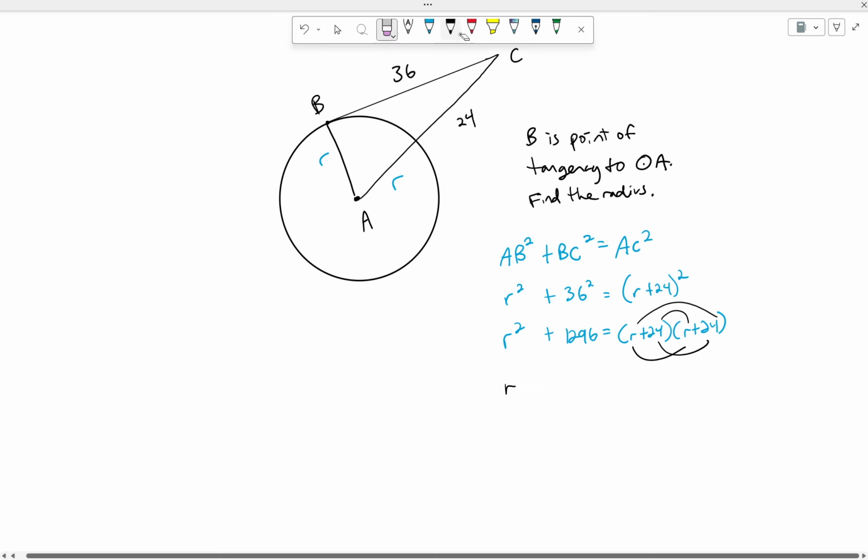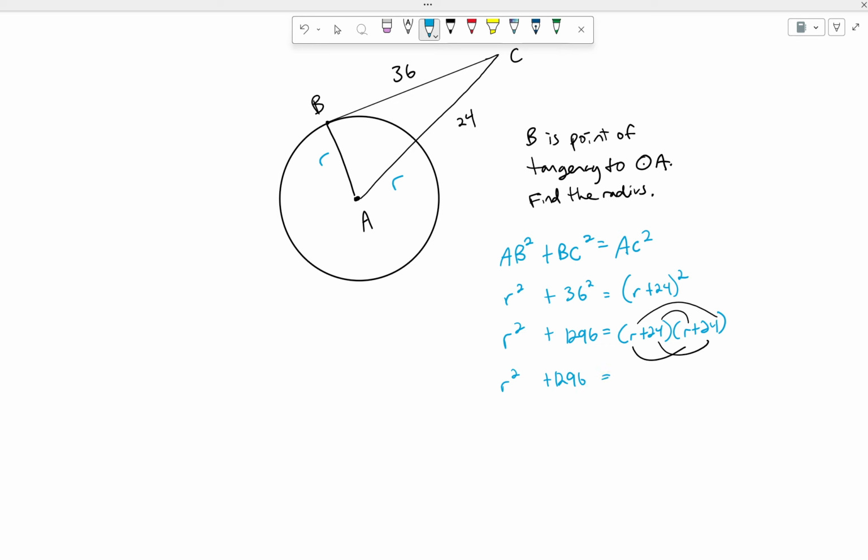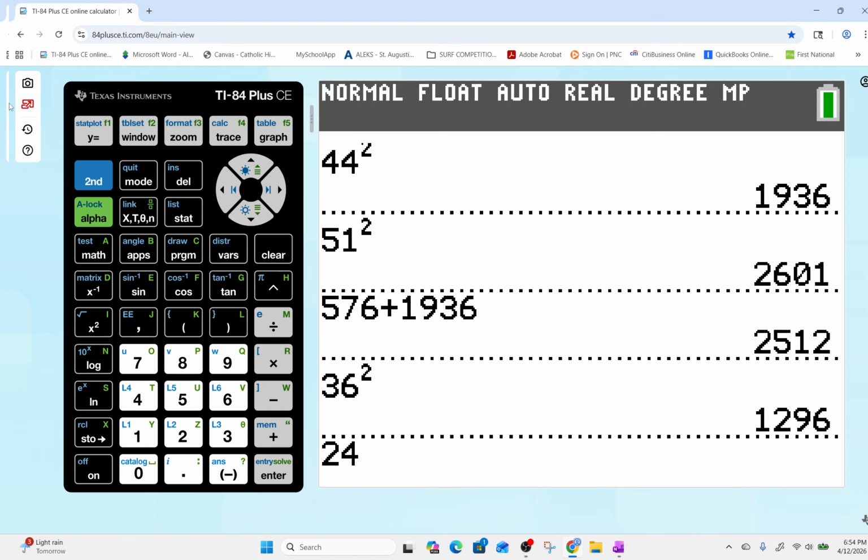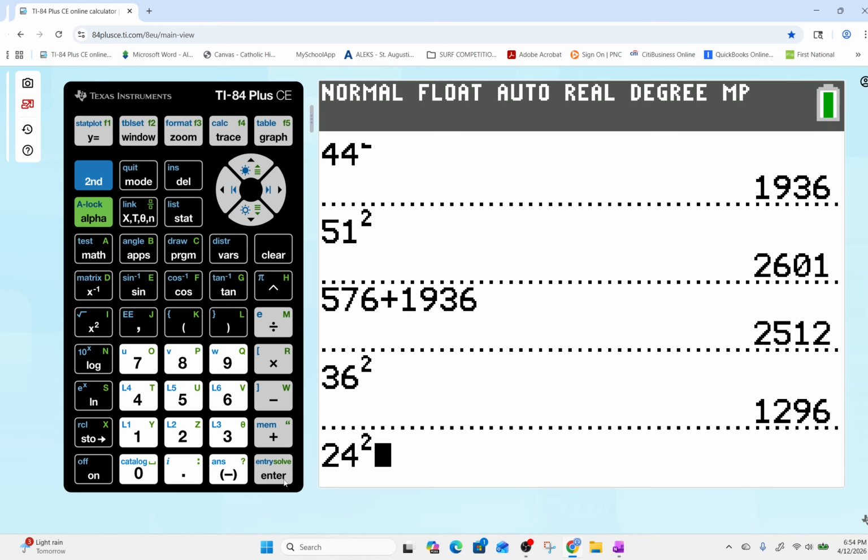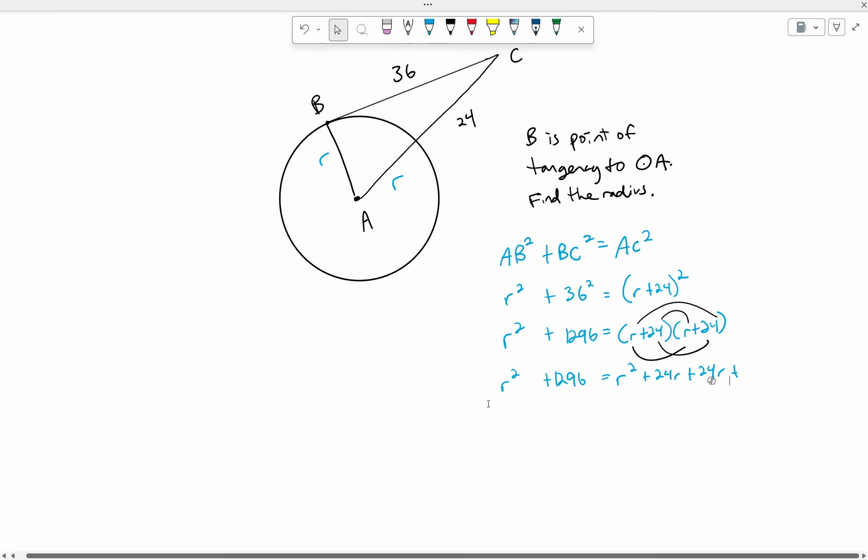So R squared plus 1296 is equal to our target. R times R is R squared, 24R and 24R, which is going to be 48R, and then 24 times 24, which is going to be 576.